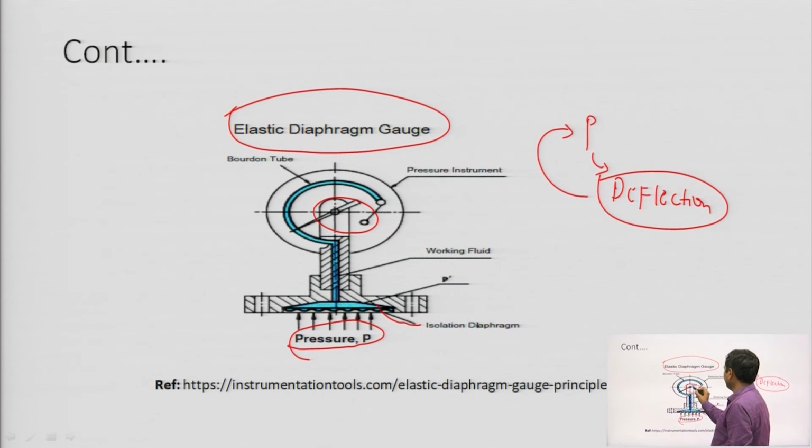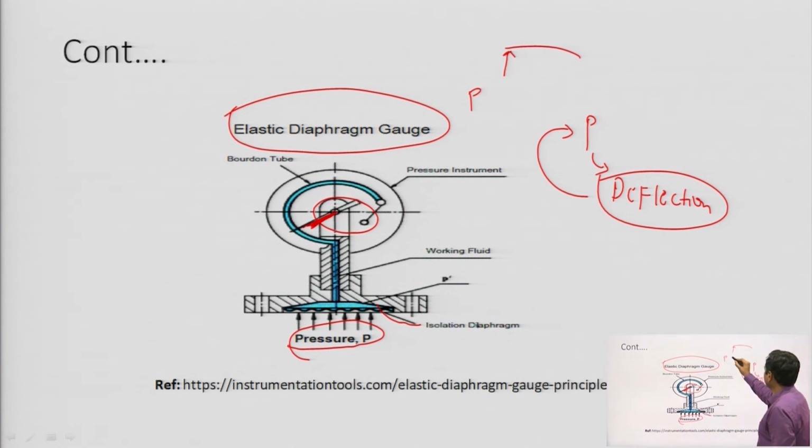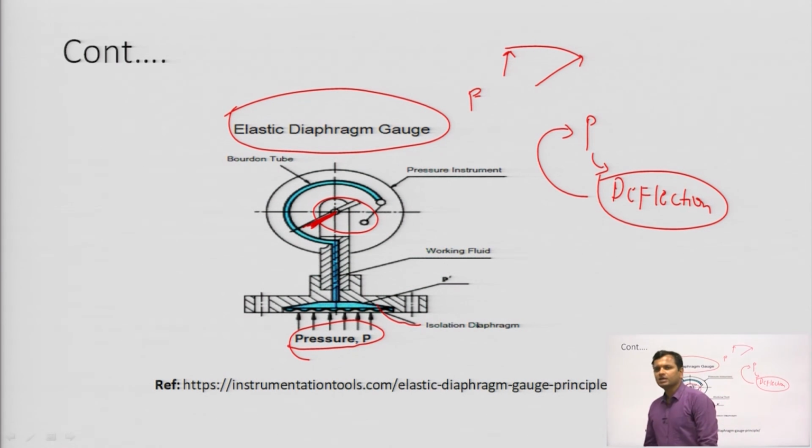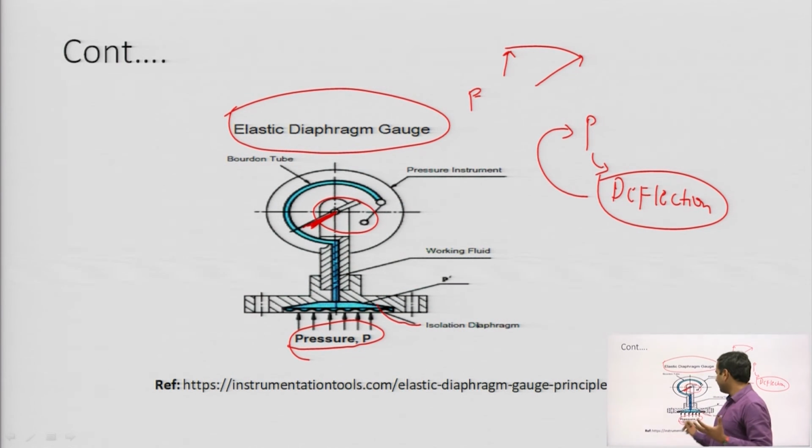You can see a dial that is at a certain position, and when the pressure is applied, we get a deflection in the needle. The position of the needle changes, and that change is proportional to the applied pressure. That is the simple working of the elastic diaphragm gauge.